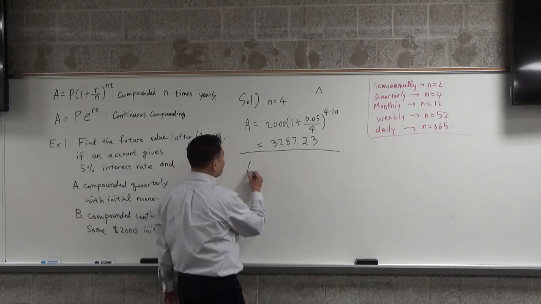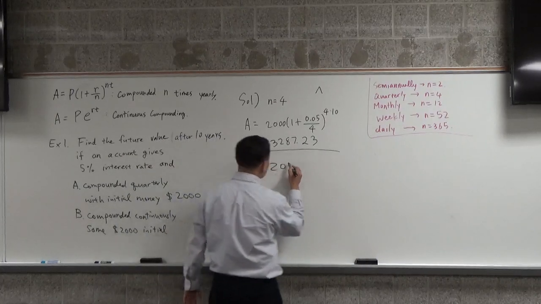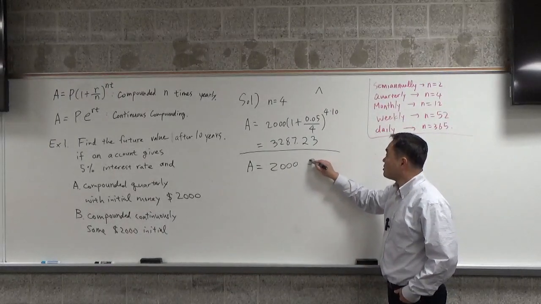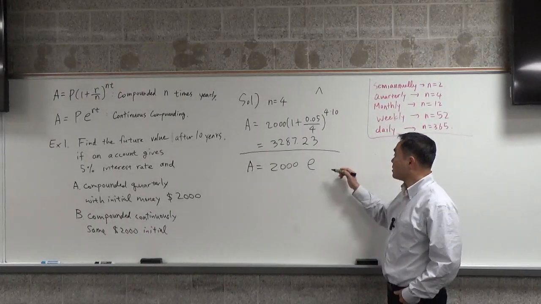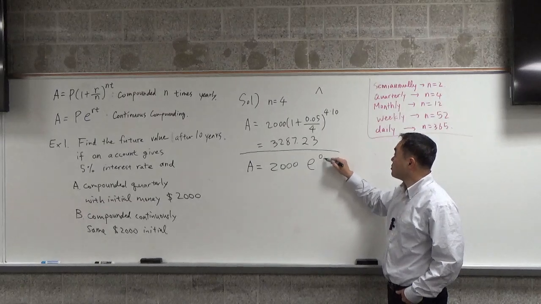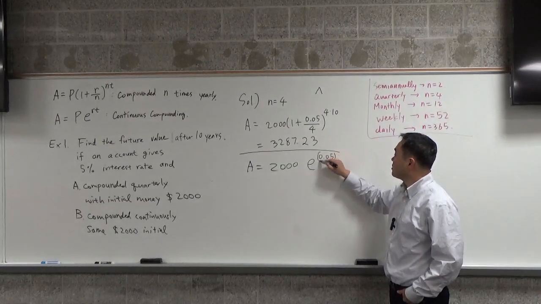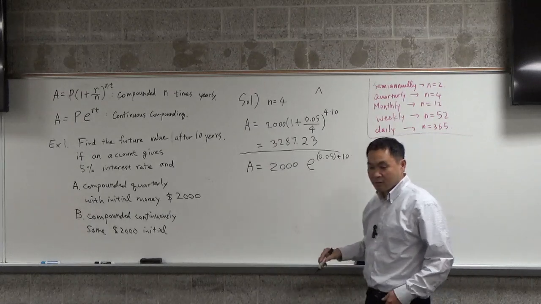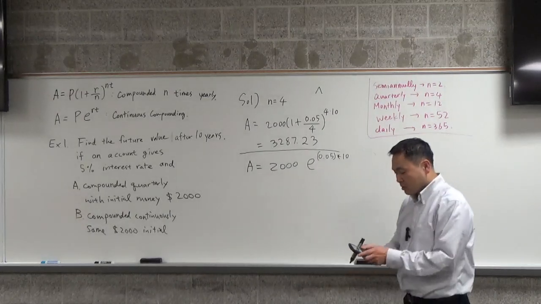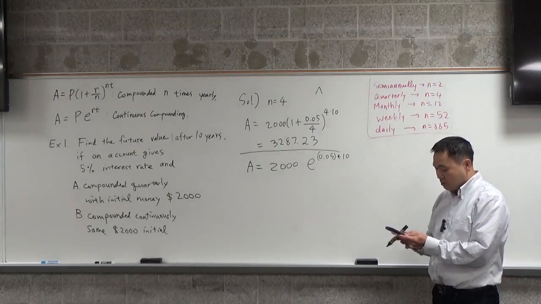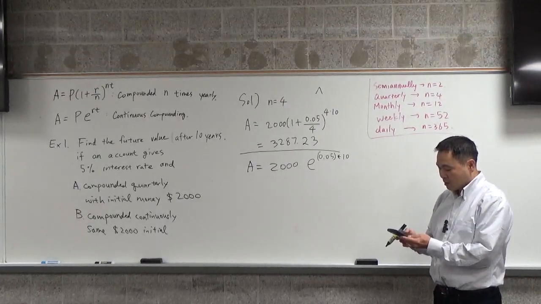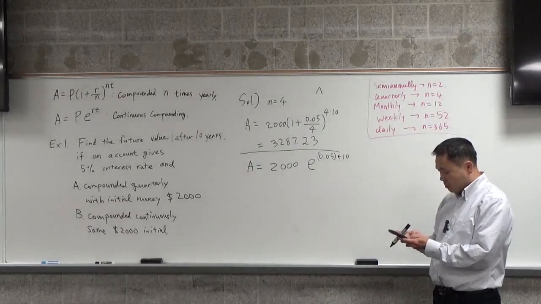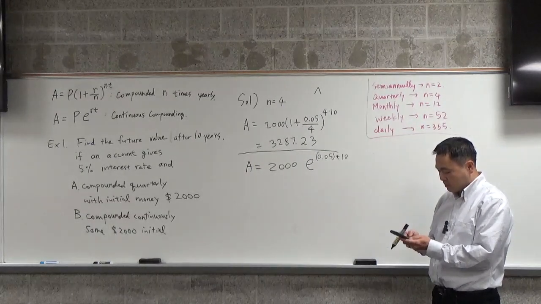Okay, so how do you use the PERT? Well, 2000 is your principal. E is just E, a number. And then R is 0.05, that's your rate, times 10. So let's put that exact thing into the calculator: 2,000 times E to the power of 0.5.